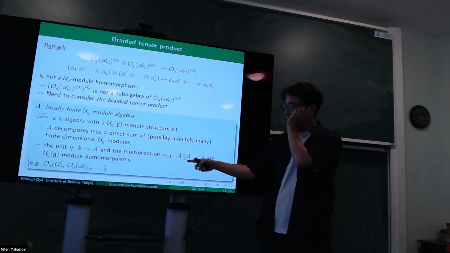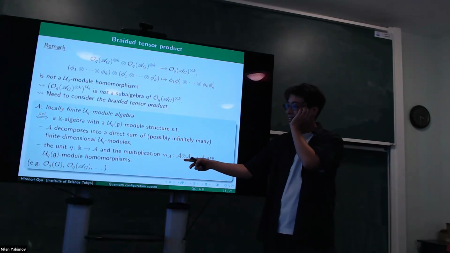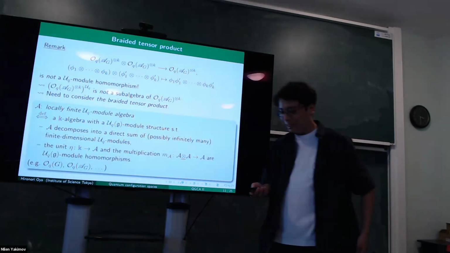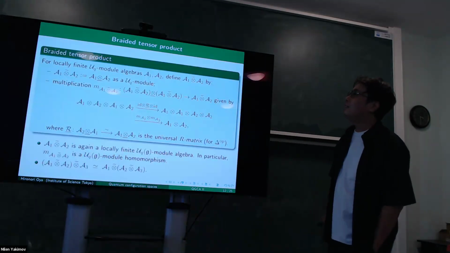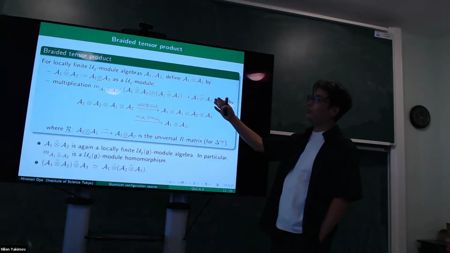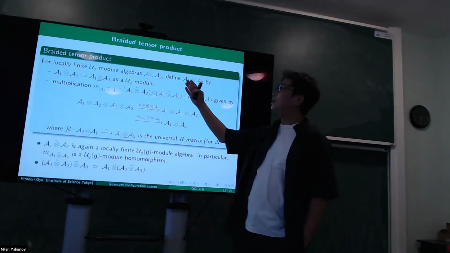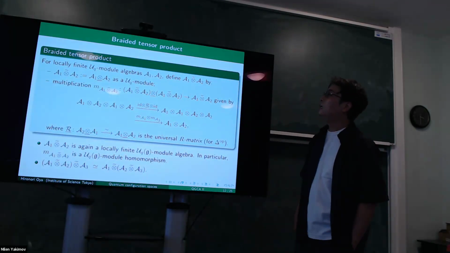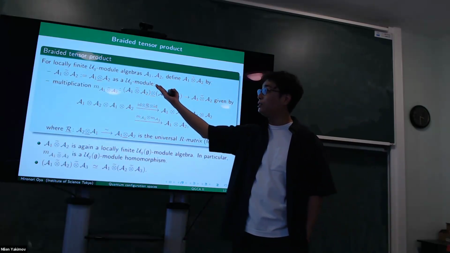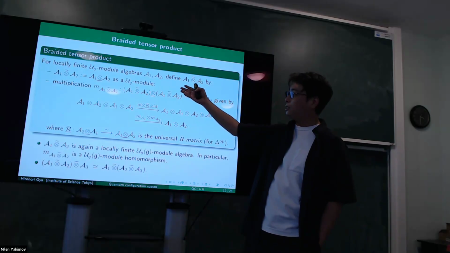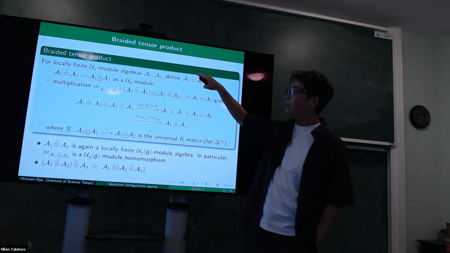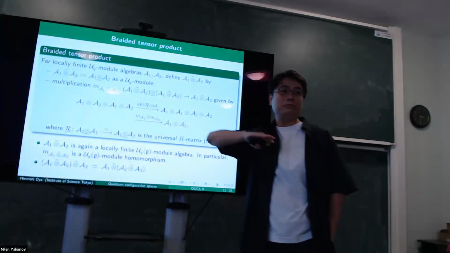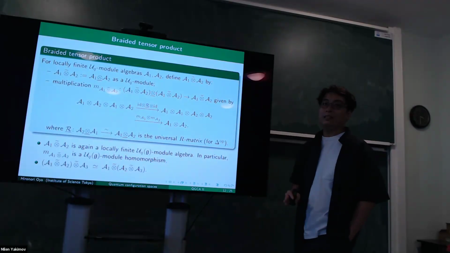And the technical point is this. Here we consider the bar tensor product, because we want to use this, but it's a technical point. The graded tensor product is defined in this way. We first take two locally finite UQ module algebras A1 and A2, and consider the graded tensor product. As a UQ module, this is just A1 bar tensor A2, and the multiplication is modified in this way.